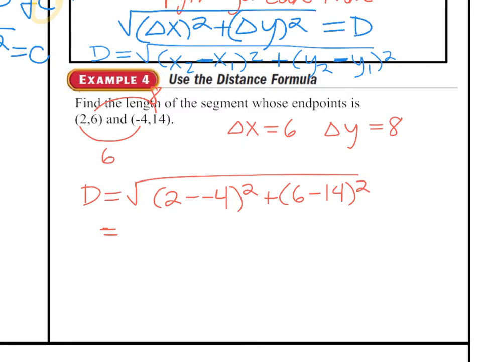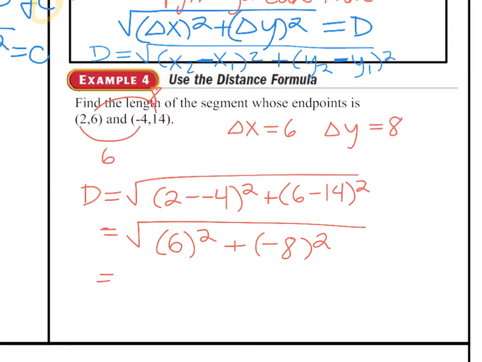What is 2 minus negative 4? 6. So 6 squared. What is 6 minus 14? Negative 8. So plus negative 8 squared. And then we simplify that. So are you seeing how it's the same thing? Negative 8 squared and 8 squared is the same. So you could have just used the change in y and change in x.